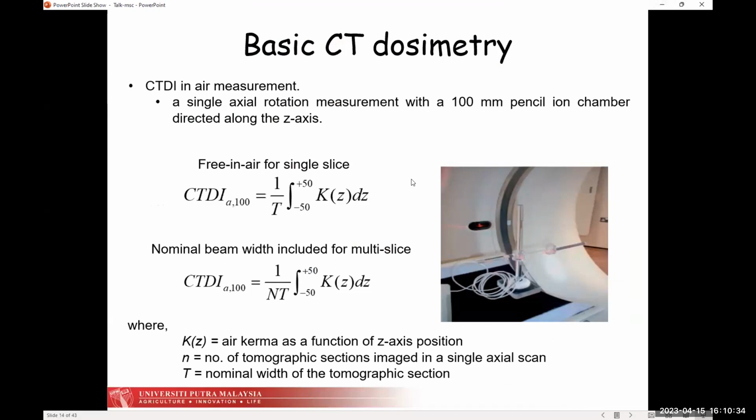So CTDI in air measurement involves a single axial rotation. We are no longer using multiple slices, but focus on only one single slice, one radiation dose profile, and measure it with the 100 millimeter pencil ion chamber, which is placed along the z-axis of the CT scanner.